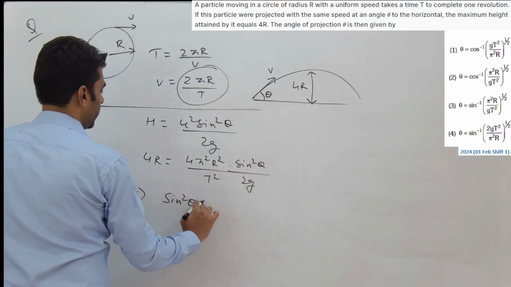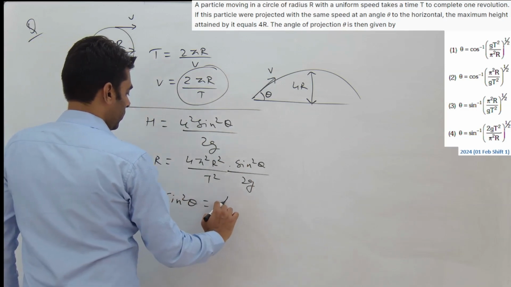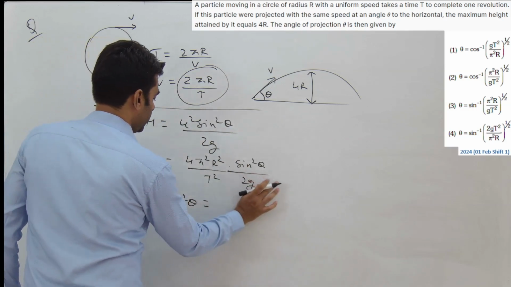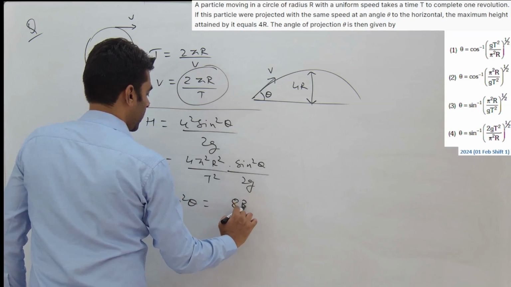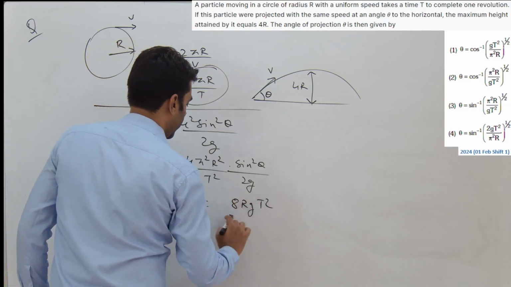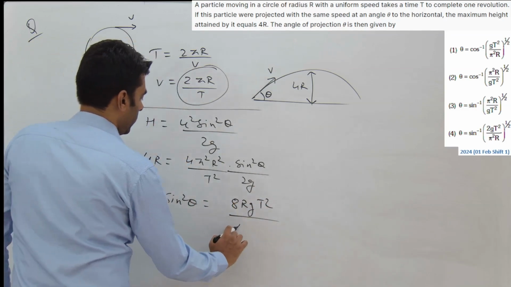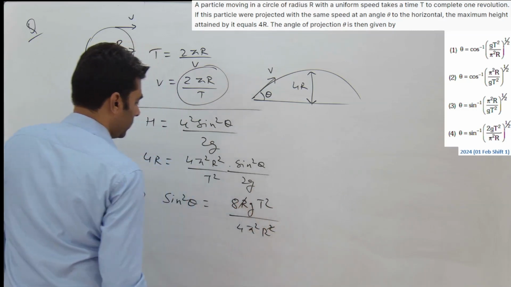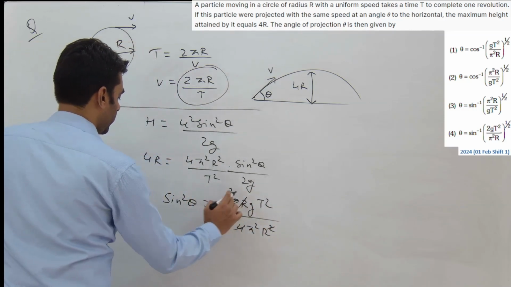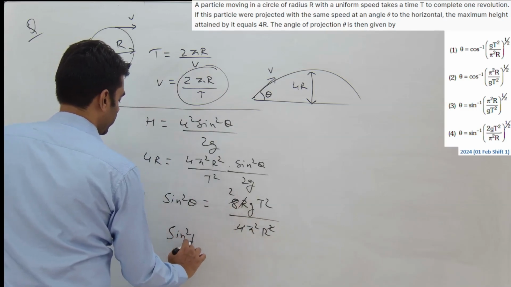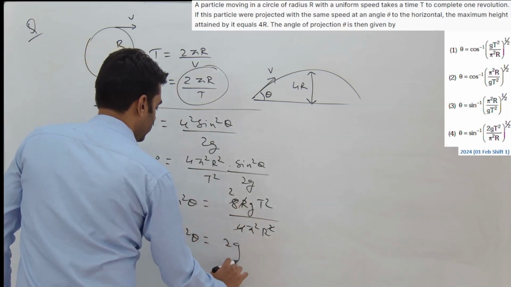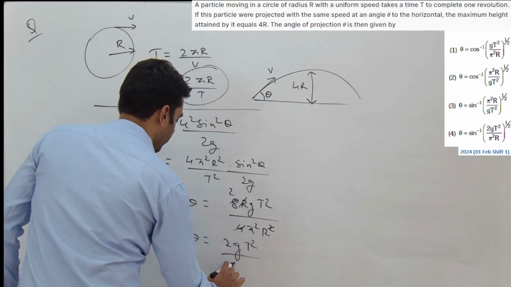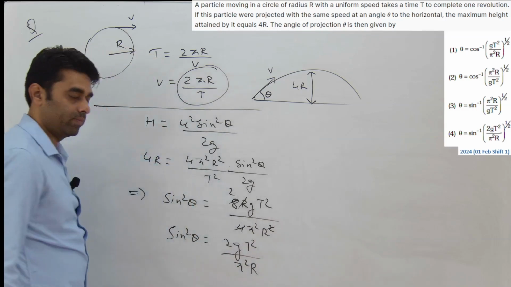Sine square theta is equal to 4r times 8rg into t square by 4 pi square r square. Cancels out, 4 times 2 times. So, sine square theta is equal to 2gt square by pi square r, right?